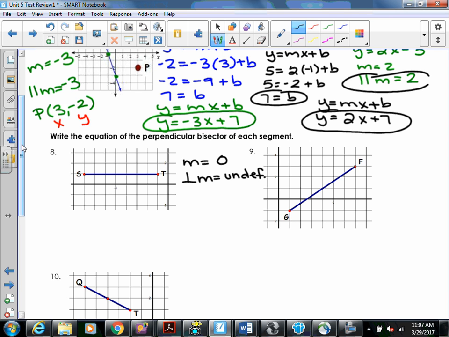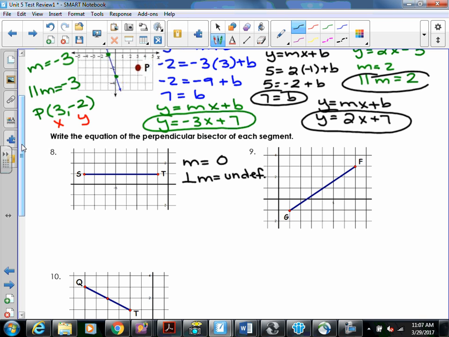Vertical lines have no slope. They're undefined. It's just a straight drop down. Remember, a slope is a slant. How slanted is it? If it's horizontal, there is no slope. It's like your floor. It shouldn't be sloped. That's a 0. If it's vertical, your slope doesn't exist either because it's just a straight drop. So that would be undefined.